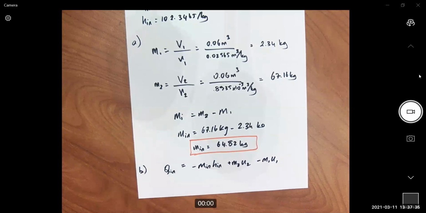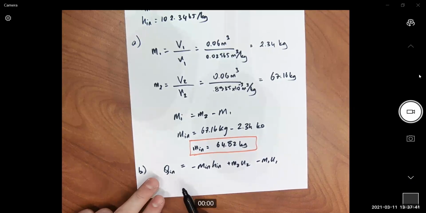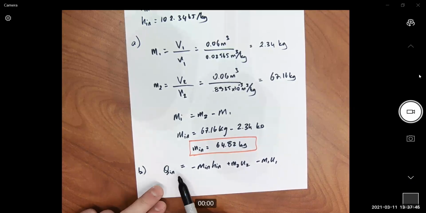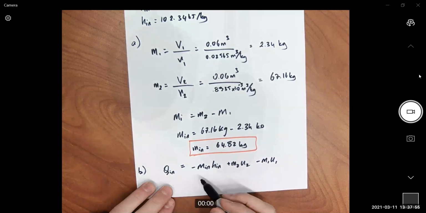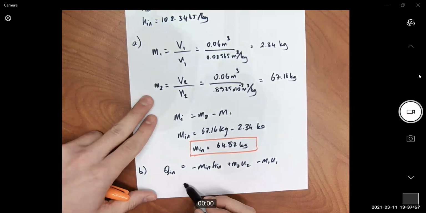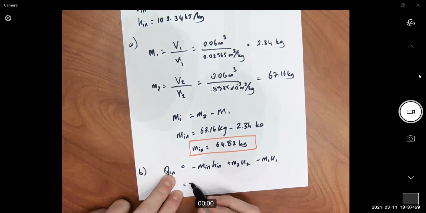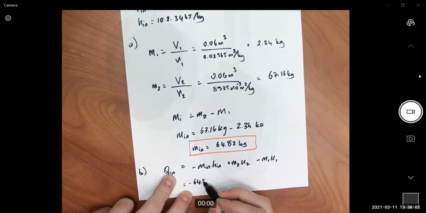Find my Q. And if my Q is negative, I guessed the direction wrong, but you can choose the direction of Q. Q enters or leaves my control volume. That's what it means.